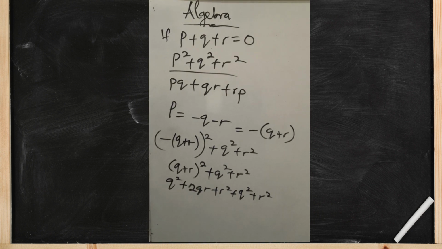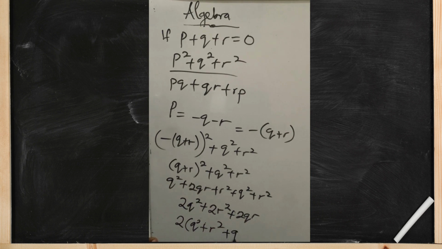So by the time you collect like terms here, you're having Q square plus Q square, you're having 2Q square. R square plus R square, you're having 2R square. And you're having 2QR here, right? So if you collect like terms, you're having Q square plus R square plus QR. So this for the numerator.